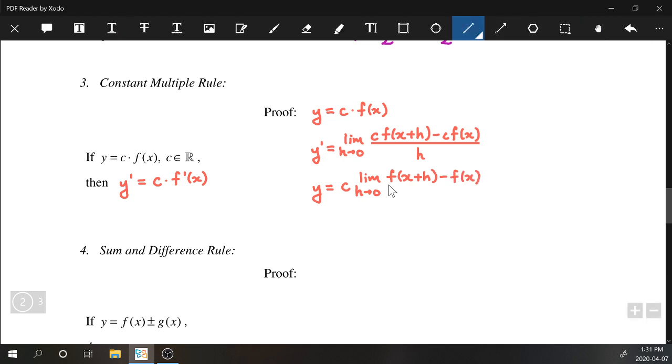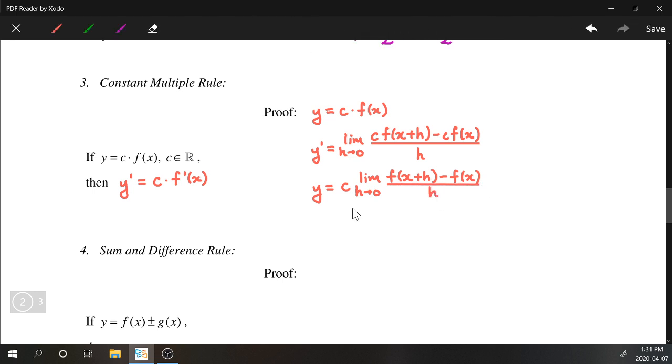Now, of course, this is just the derivative of f of x. Oops, sorry. Forgot a prime there. So yeah, the end result that you get will be c as a constant in front of the limit. And then inside the limit, you are going to be left with f prime of x. Okay.